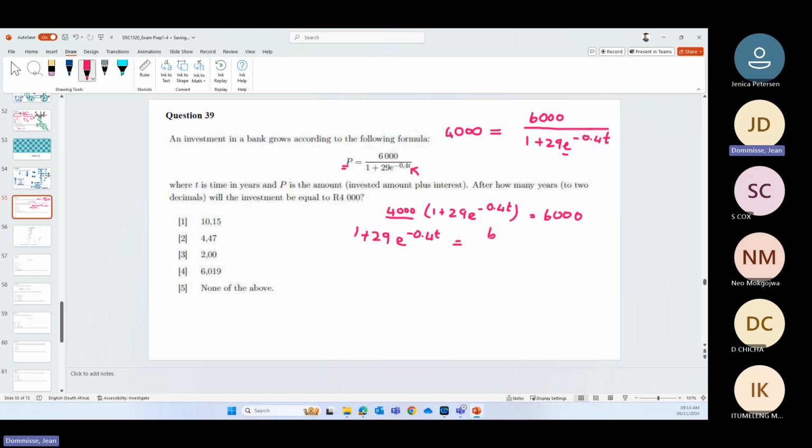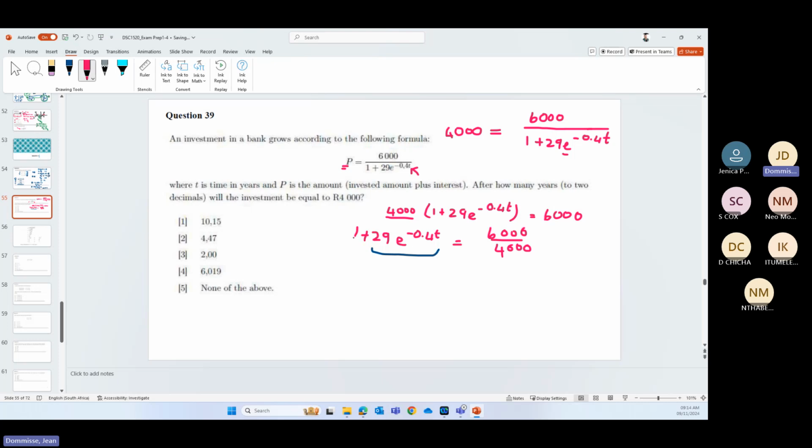So again, it's not a quick way to get to the answer, but then we still need to isolate this component. So first, we will need to get rid of the 1. So we will subtract 1 on both sides.